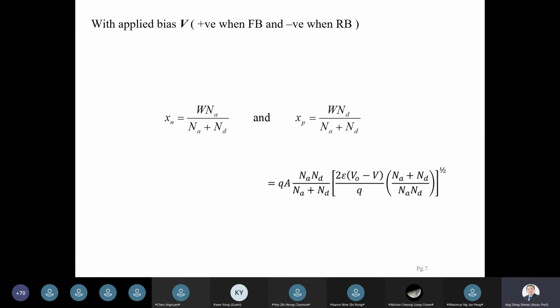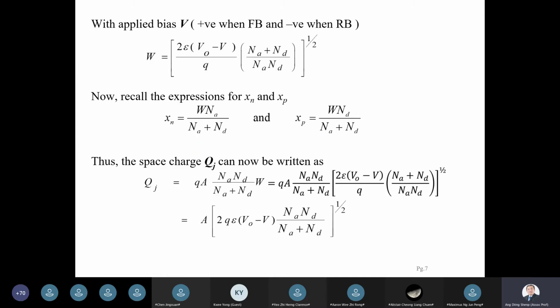So let's move on. Xn and Xp can in turn be related to the total depletion width W in this manner. Now, these two expressions can be obtained by solving two equations, if you still remember. One of them is the space charge neutrality equation, and the other one is just a simple geometrical statement about Xn and Xp adding together to give you the total depletion width.